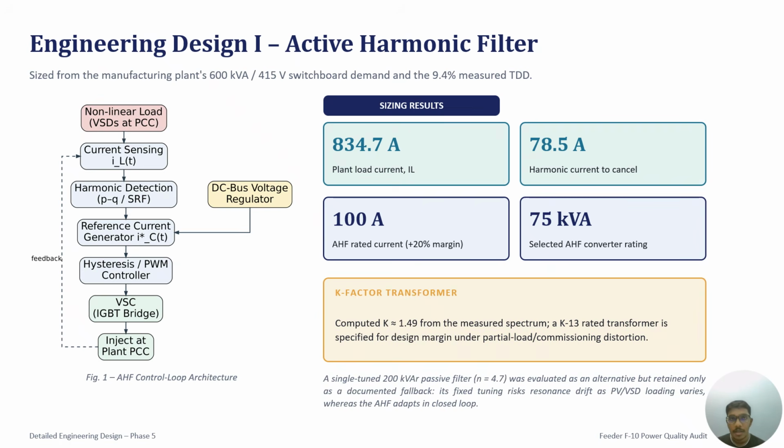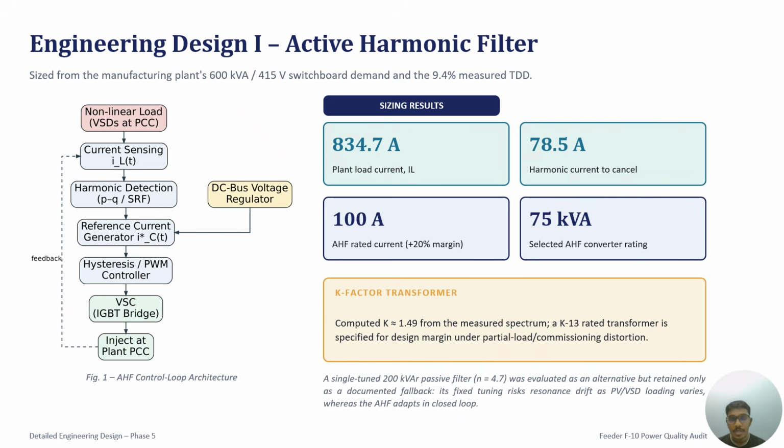The plant load current is 834.7 amperes, and the harmonic current we need to cancel is 78.5 amperes. Adding the 20% design margin, an AHF rated current of 100 amps corresponds to the 75 kVA converter, as shown in the control loop architecture in Figure 1.